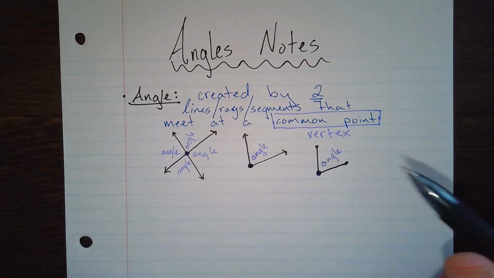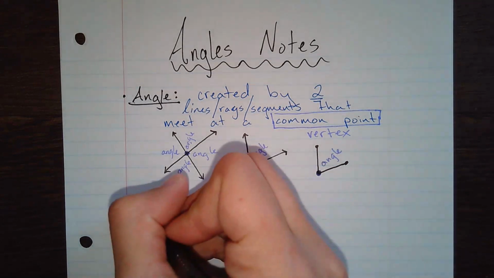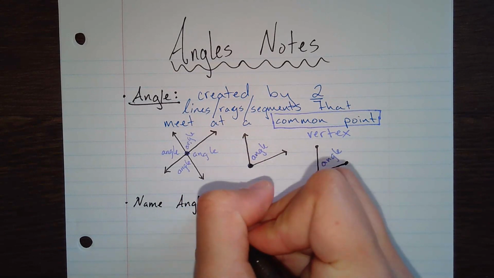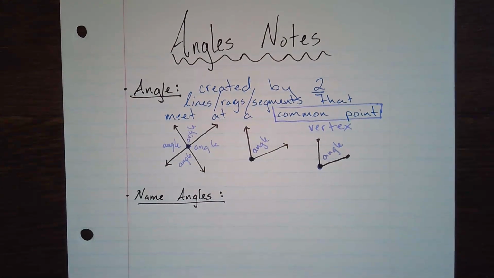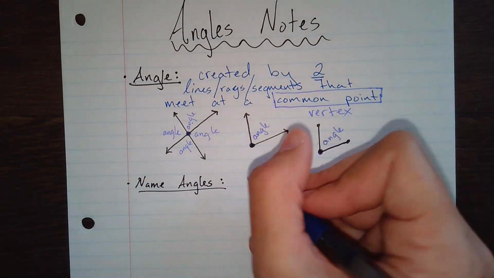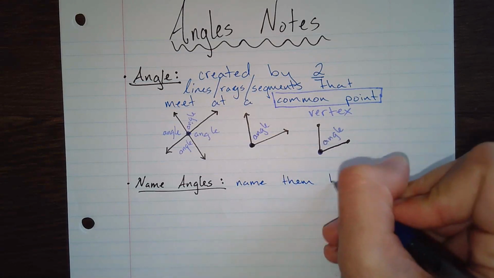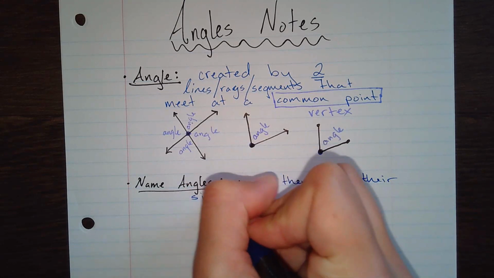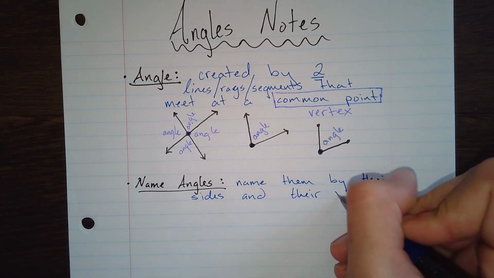Okay. When we talk about these angles, you're going to end up with pictures that have more than one angle in the same picture, right? So we have to be able to name angles. When we name angles, we name them by their sides and their vertex.